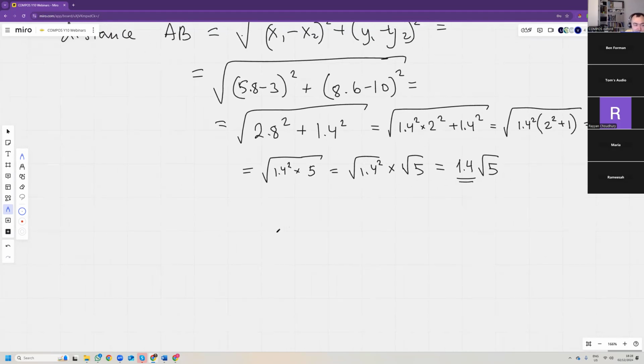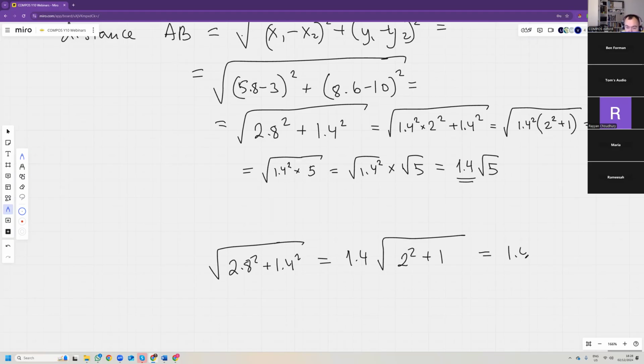Like in a real life scenario, I would do it quicker. I would do 2.8 squared plus 1.4 squared. Or I say that I take 1.4 out, so when you take it out, it becomes 1.4 without the square. And then this is 2 squared plus 1, which was 1.4 times square root 5. So it's much faster than trying to actually calculate it on your calculator.